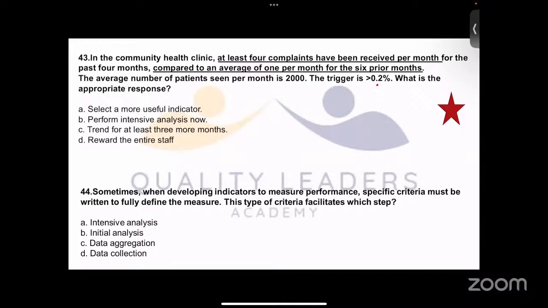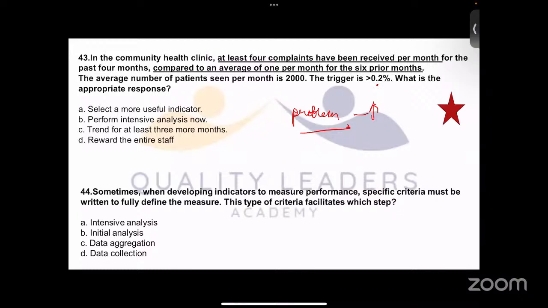So in the statement previously, 4 complaints per month for 4 months, compared to 1 complaint per month before. So this indicates a problem. So complaints are increasing. So what should be done? Okay. So is this a common cause variation or a special cause variation?